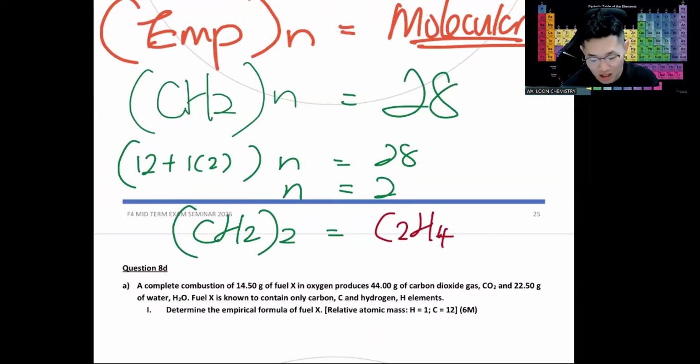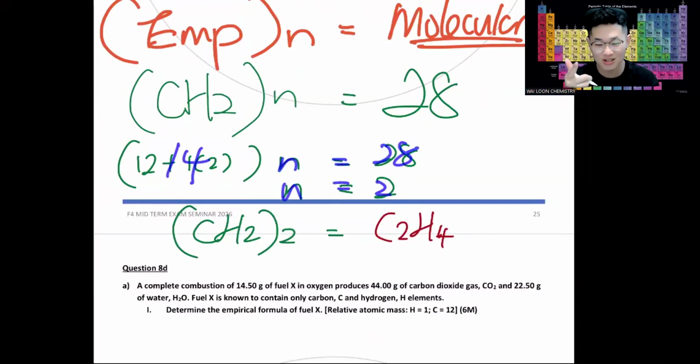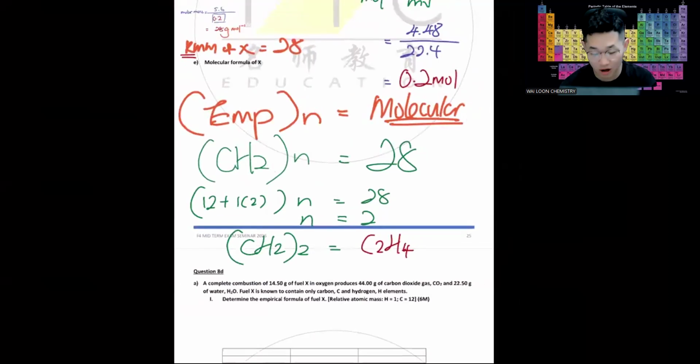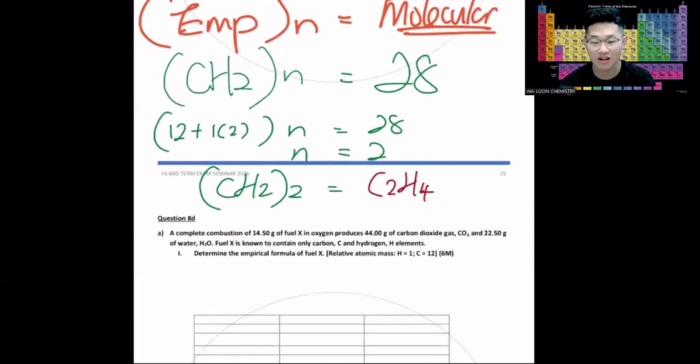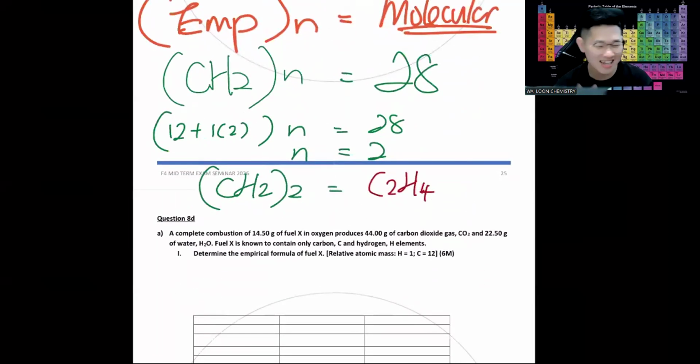So what's the total? Total is 14. 14 N equals to 28. N equals to 2. Okay. You get it?